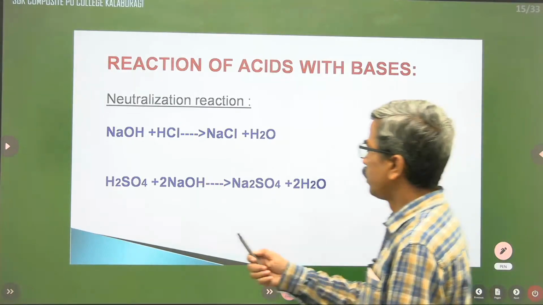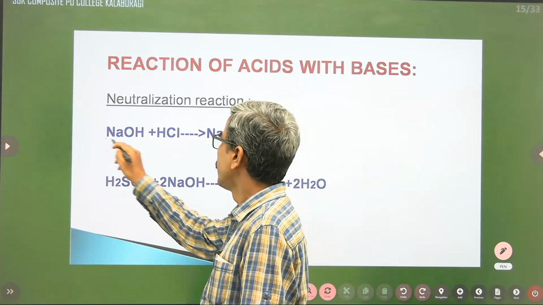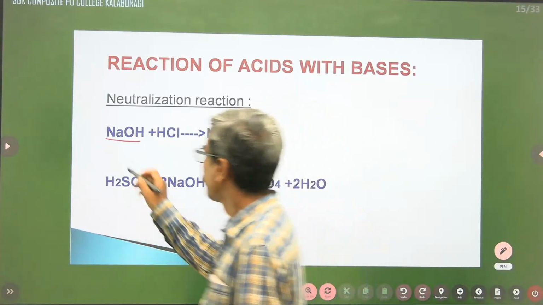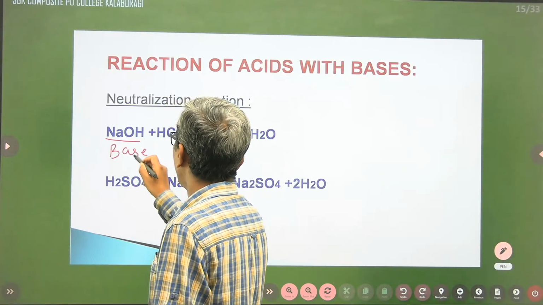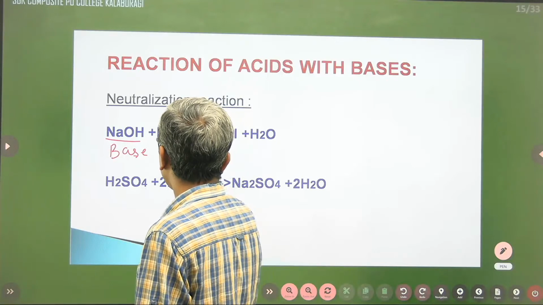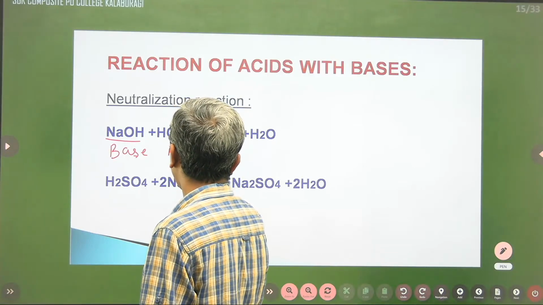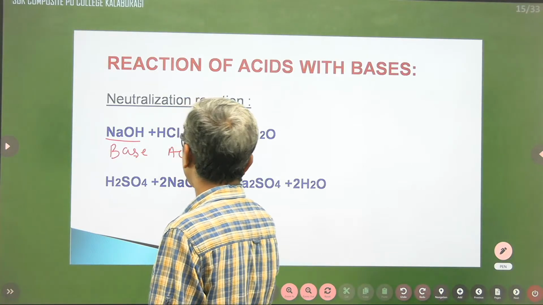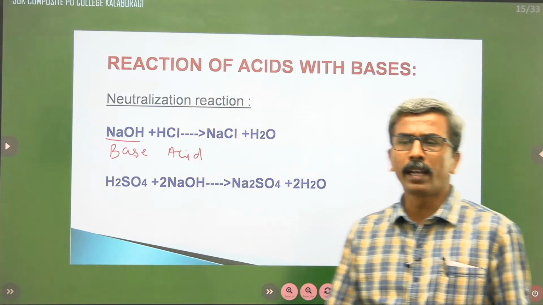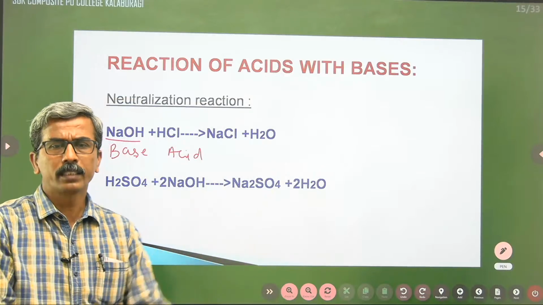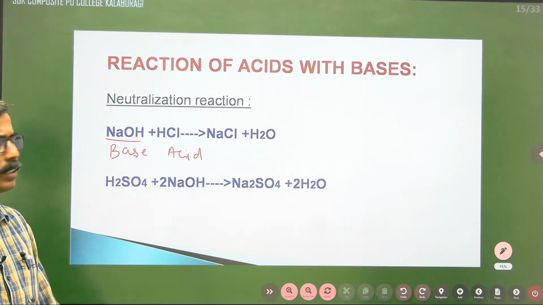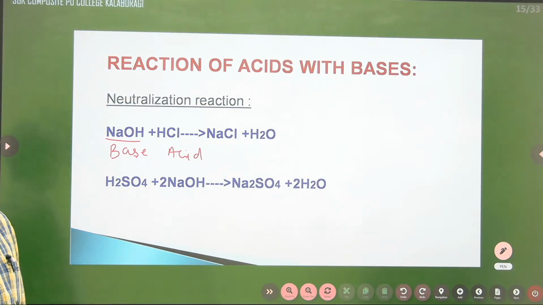Suppose this compound, which we already know is a base, reacts with this compound, hydrochloric acid. When acids and bases are made to react with each other, what happens?